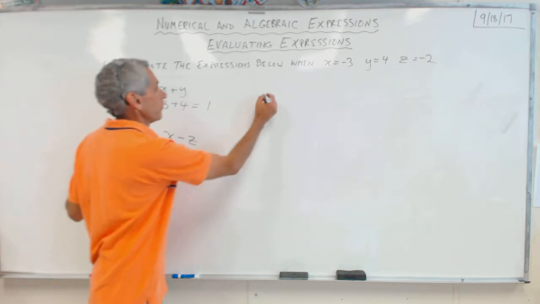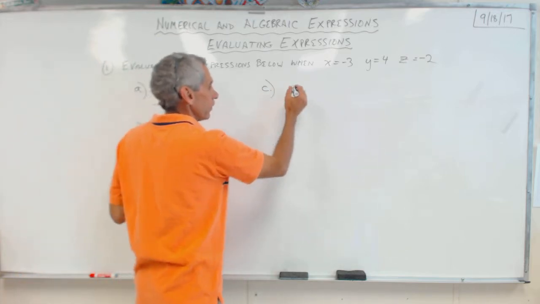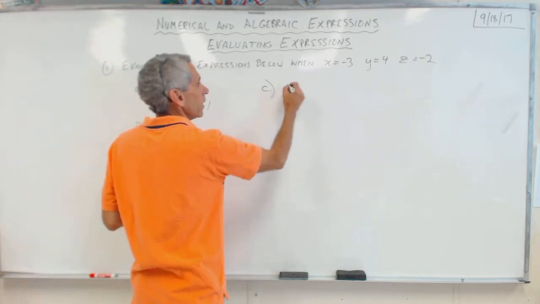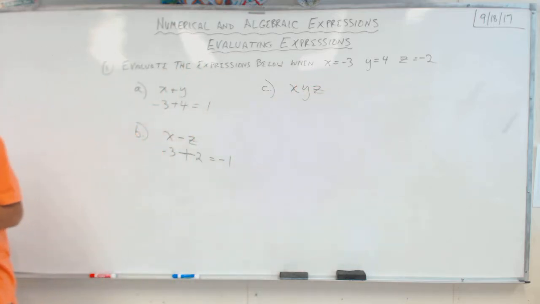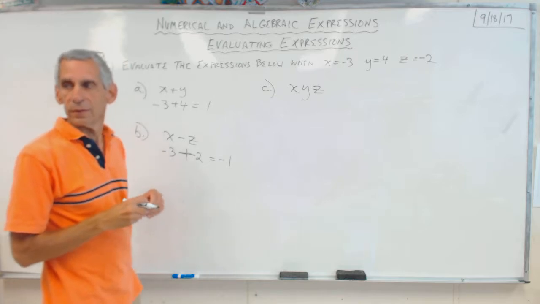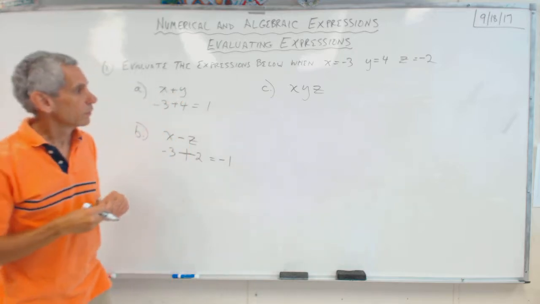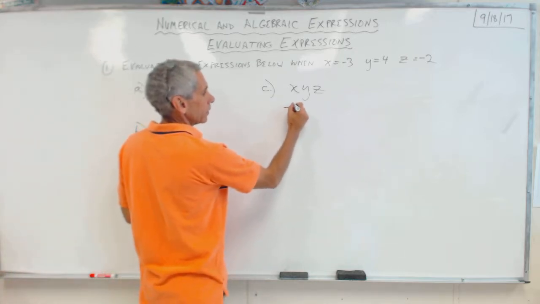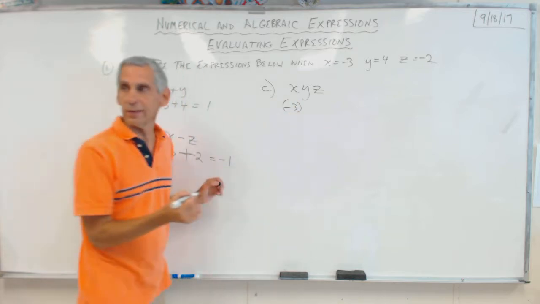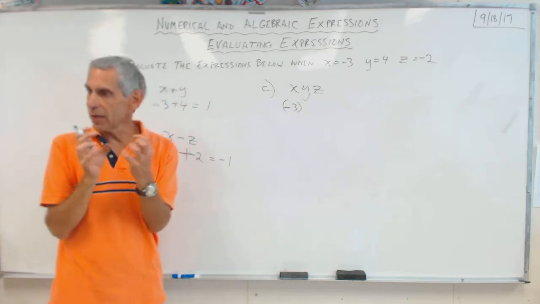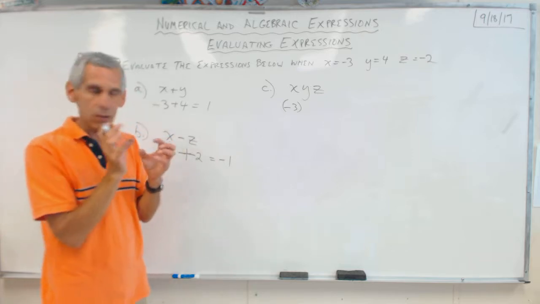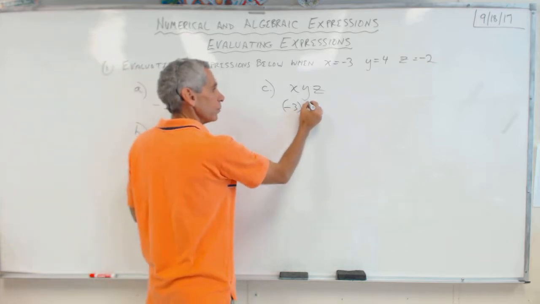All right, what if I gave you x, y, z? Okay, Gardner. Negative 3 times negative 2, and I'm going to put it in parentheses now, right? Because when I'm multiplying negatives times negatives, it's helpful sometimes to use parentheses.